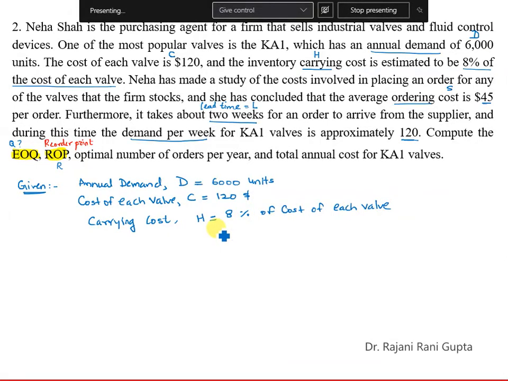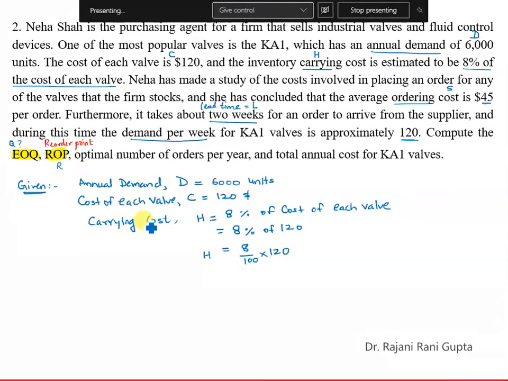So it's not given directly, but it is given in terms of the cost of one item. So we have to calculate 8% of C, which is 120. So how do we calculate 8% of 120? It means 8 by 100 times 120. So this gives you the value of H.